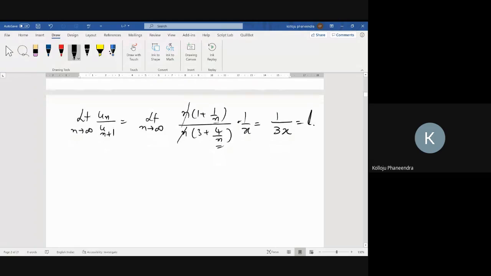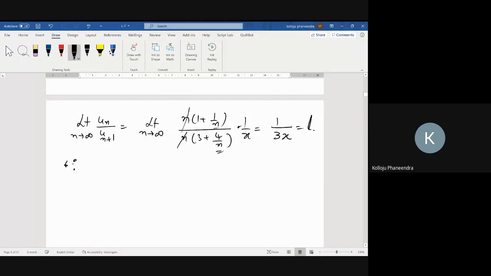Now, therefore, using ratio test, sigma un is convergent if L greater than 1. That means 1 by 3x greater than 1.